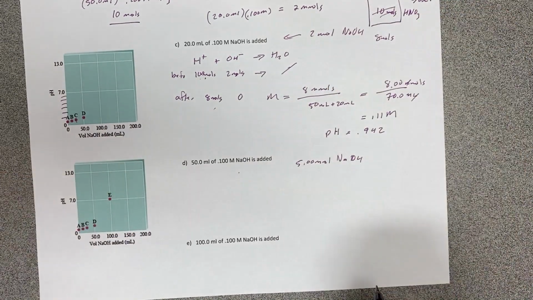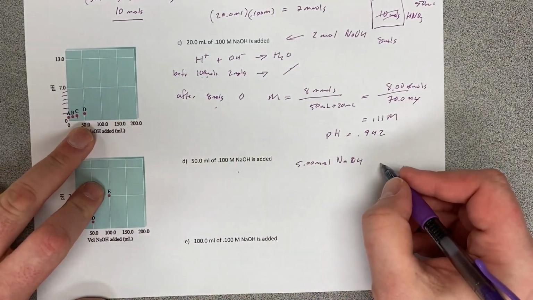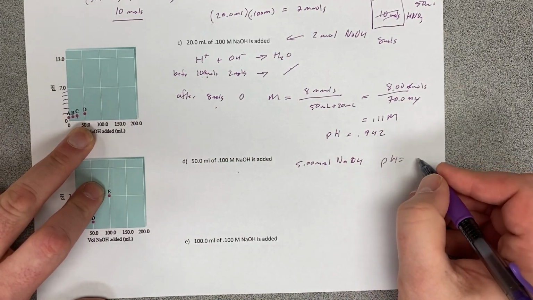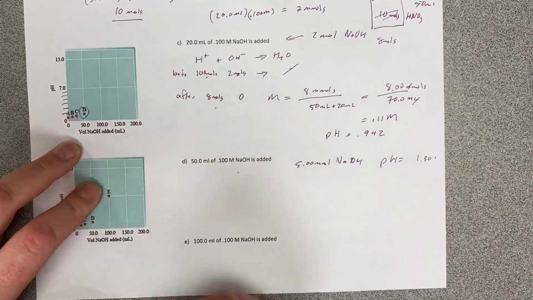And if we do that, we discover that at point D, which is right here, our pH is equal to 1.301. So that's this spot right over here.